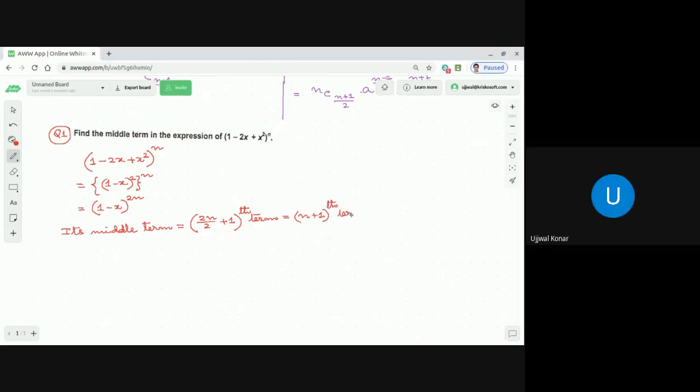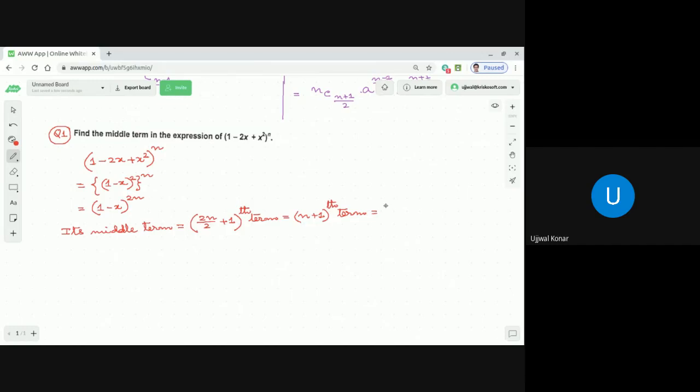Now, for the n plus 1th term, if you recall, what is the formula? We know the r plus 1th term. Then you need to take that in the same concept like n plus 1th term. What is the r plus 1th term formula? nCr into a power n minus r into b power r.